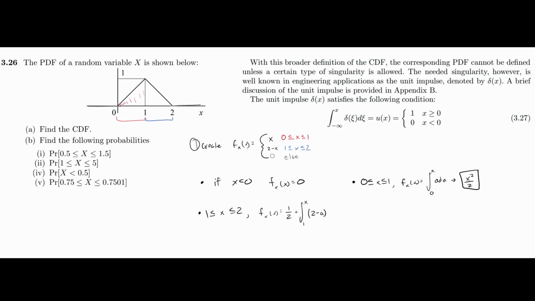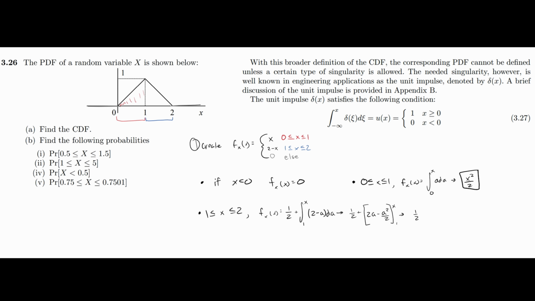So we have 2 minus a, and we're integrating da. And this is going to give us a 1/2 plus, inside of here, we have our 2a minus a squared over 2, and we're going to go from 1 to x.